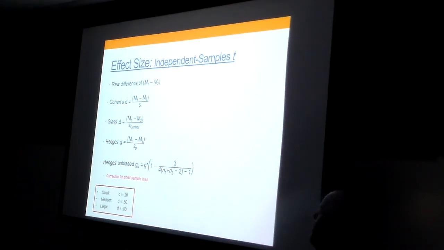So just like with our single sample test, raw difference of the means can be a reasonable metric, right? And when is this going to be a more effective metric? Just looking at the raw difference to determine the magnitude of an effect.